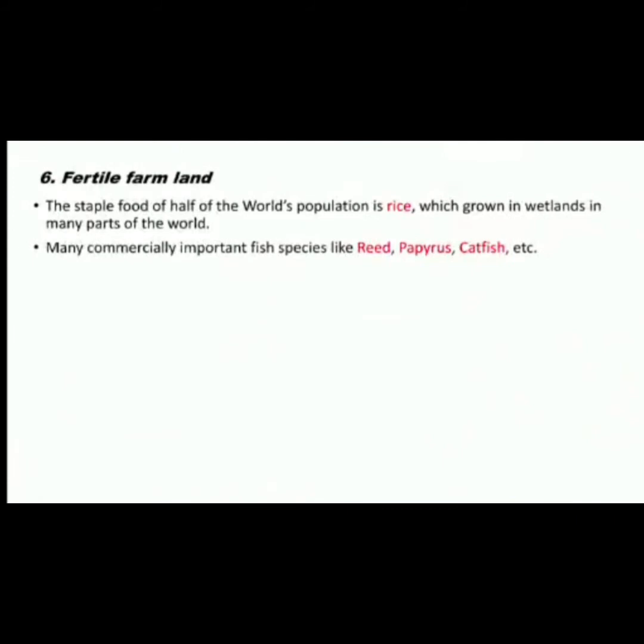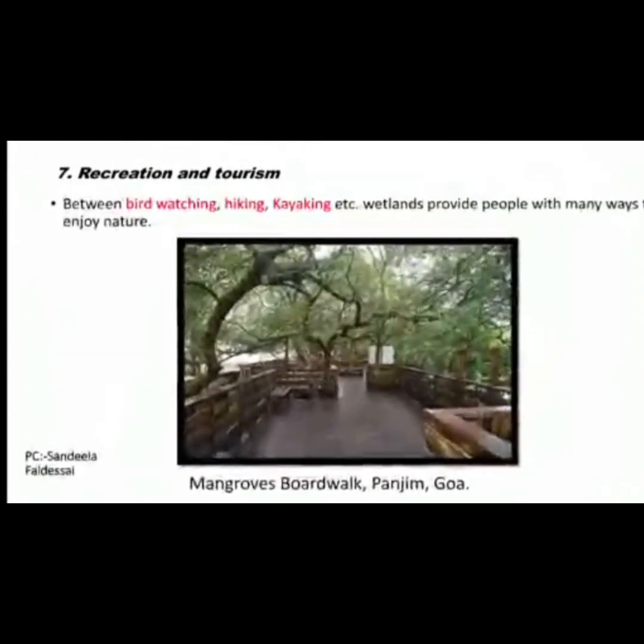Fertile farmland. Wetlands provide fertile farming lands. Basically, in India, the rainy season is considered to be the farming season, but wetlands provide fertile land post rainy season, and farmers can grow many different types of crops such as barley, rice, etc. Recreation and tourism.